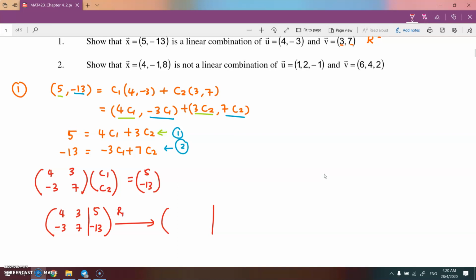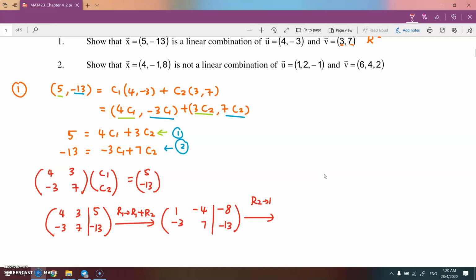So row 1 is row 1 plus row 2: 1, -4, and 5 minus 13 gives -8.